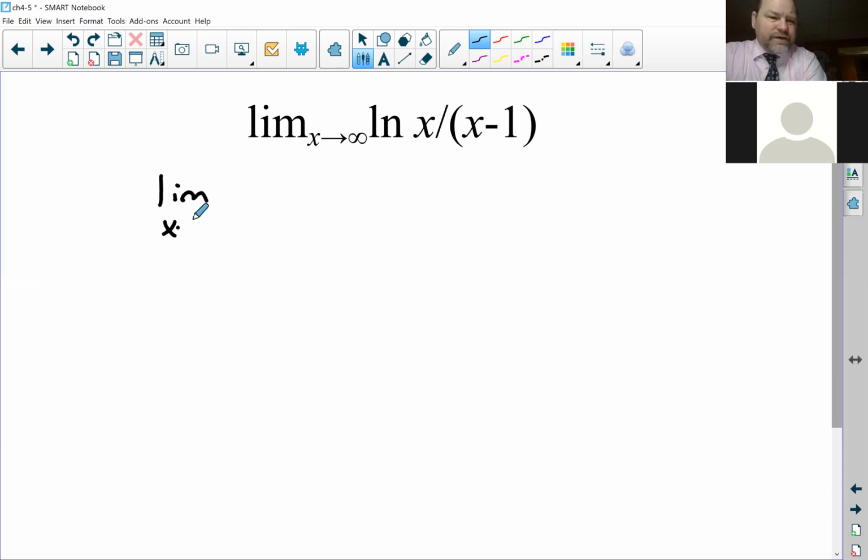Next, the limit as x approaches infinity of ln of x over x minus 1. Again, if I look at what happens as x gets larger and larger, ln of x gets larger and larger. x minus 1 gets larger and larger.